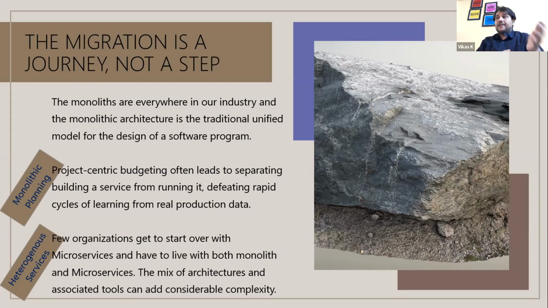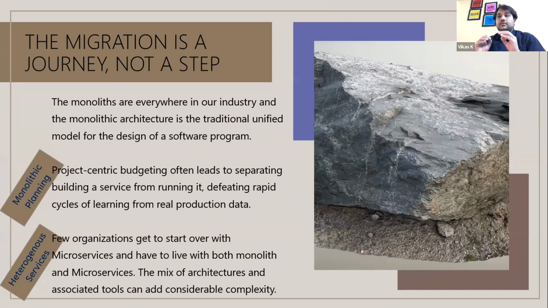But what happens with the industries when they start with monolithic planning? The first thing in the shifting of the paradigm, which is the driving force, is budgeting. Because sometimes it is very difficult, even for the top management, to understand why we are moving from a very established pattern to another one and how it is going to help. So project-centric budgeting often brings you to a situation where separating a service from running it is confusing.